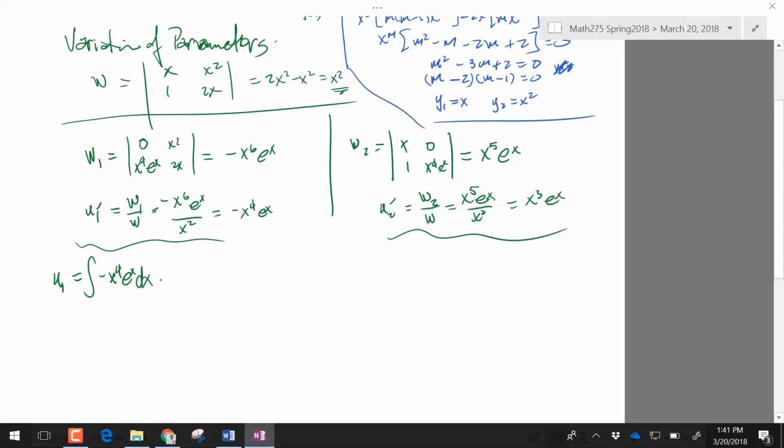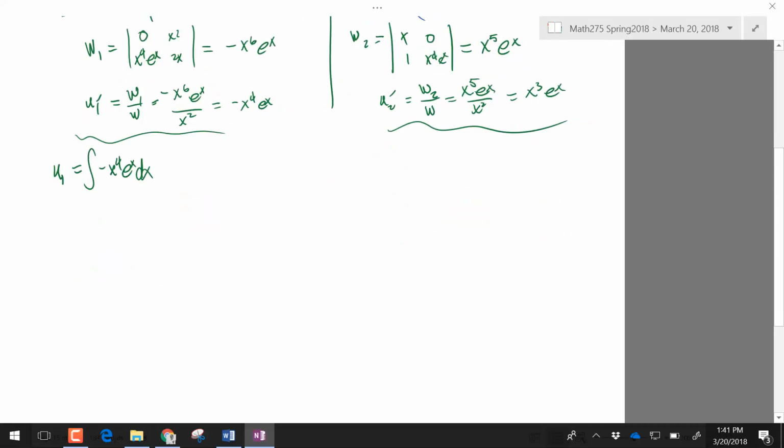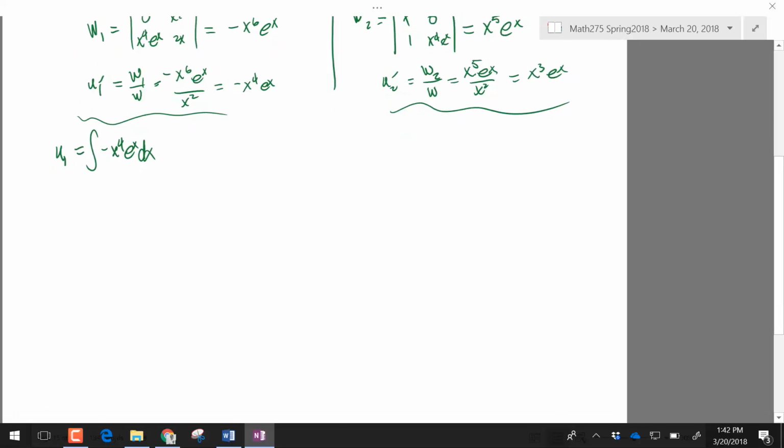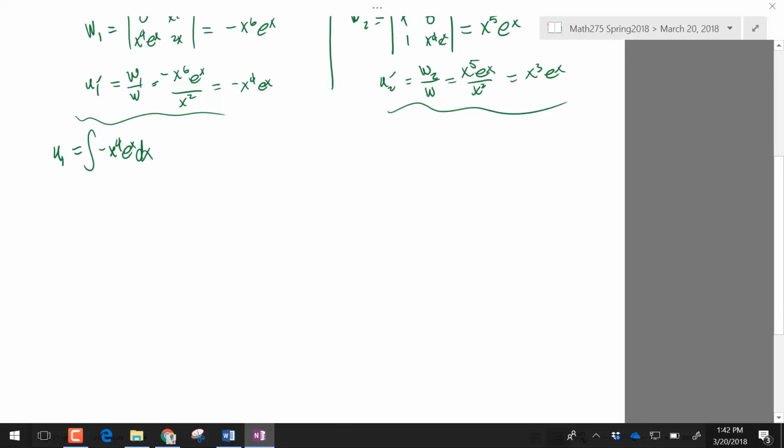So this is like integration by parts or something, right? I was tutoring somebody in high school, and they showed me this little trick.